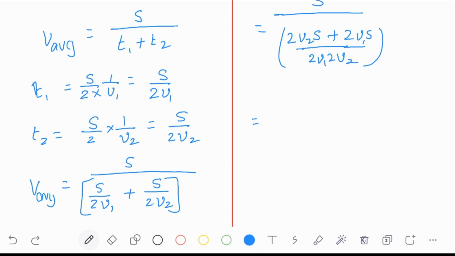Alright, now if you simplify this further, so total s divided by, s is common from the numerator, so I'm taking 2s as common here. That should be v1 plus v2. Right.